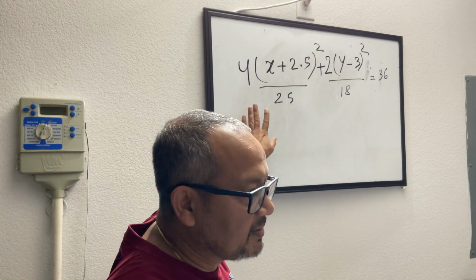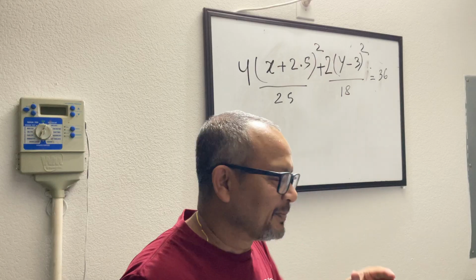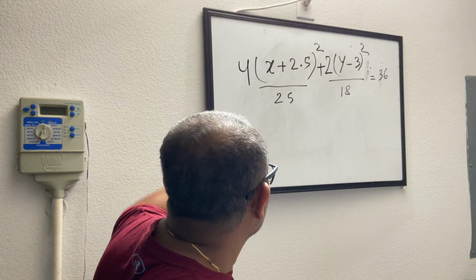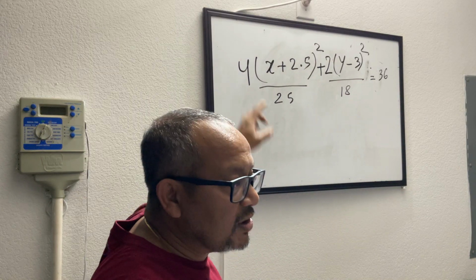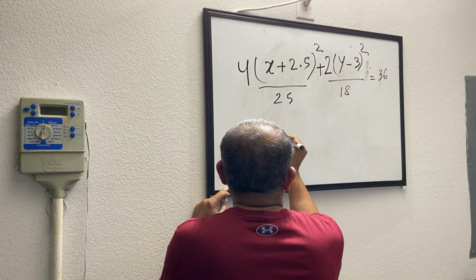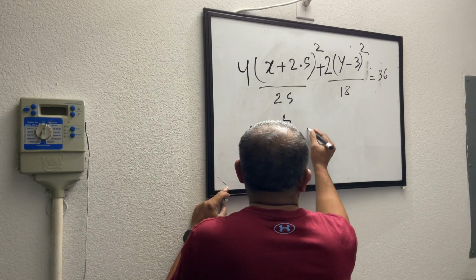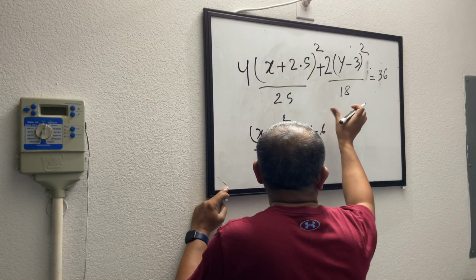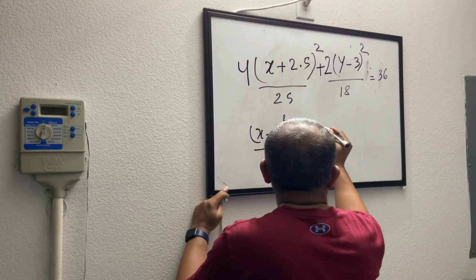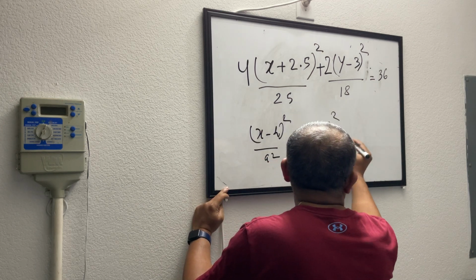I cooked up this problem, right? You may or may not find this problem in textbooks, but anyway, what is the kind of equation we are used to? (x minus h) squared by a squared plus (y minus k) squared by b squared equal to 1.